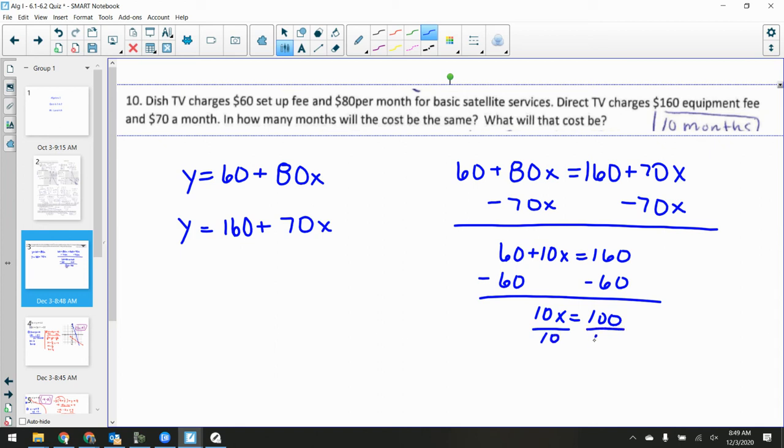I divide by 10. X is 10. So what does that tell me? 10 months. Now, it also asks me, what will that cost be? That's the y value that I'm asking for. So y is equal to, let's just go back into the top equation, 60 plus 80 times 10, or 860.